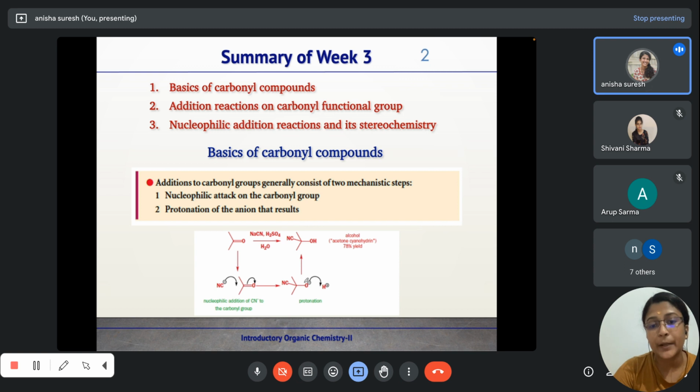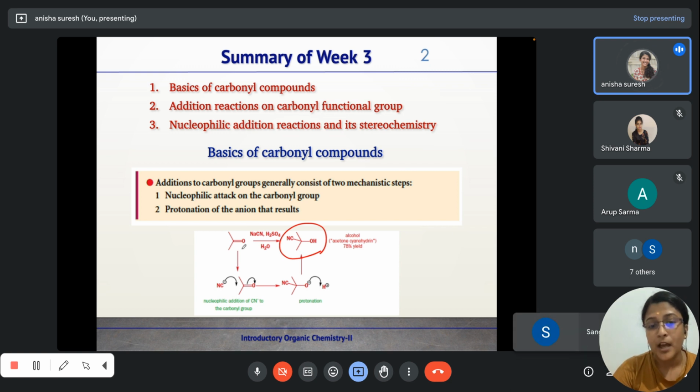So here the oxygen will now be an anion. It will be having the negative charge on itself. So this oxygen will abstract a proton from the medium. Like here the medium is containing acid. So it will abstract proton from the medium and it will give the alcohol, cyanohydrin.